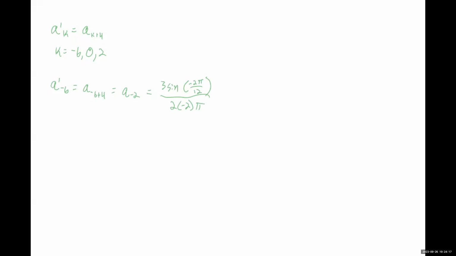So this is going to give us 3 sine of -pi over 6 divided by -4 pi. The sine of -pi over 6 is going to give us -1/2. So we can go ahead and multiply the bottom by, sorry, -2. We're going to get 3 over 8 pi.